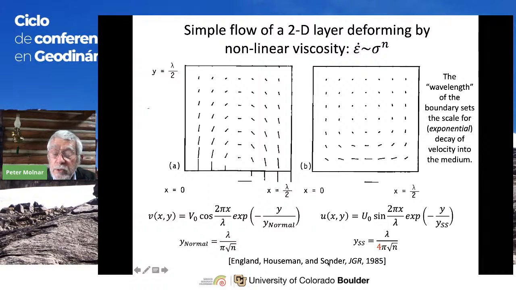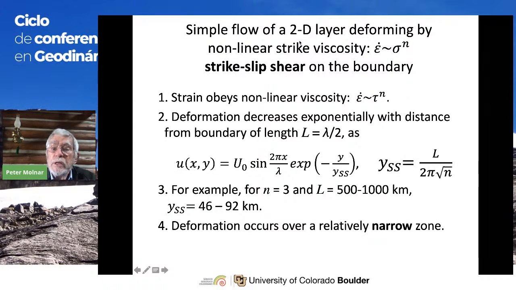This is a beautiful piece of work. So the strike-slip decays more rapidly with this factor of 4, but the decay rate itself depends on the value of n. In both cases, that's the case. So if we look at the strike-slip boundary, a 2D layer with a nonlinear viscosity. I don't know what I was writing in here. This doesn't make sense. I'm sorry.